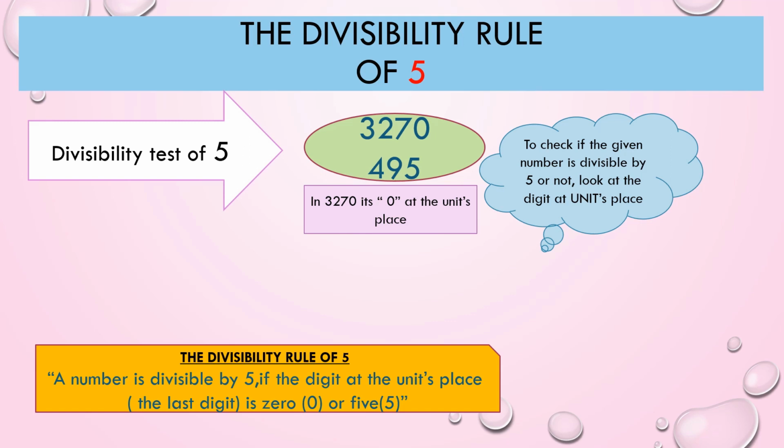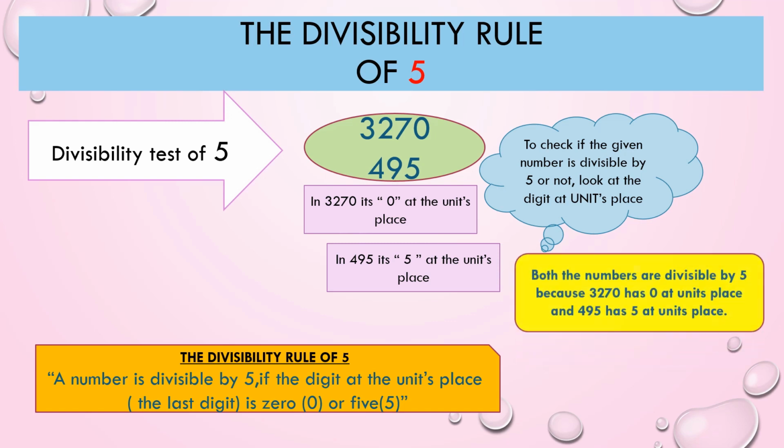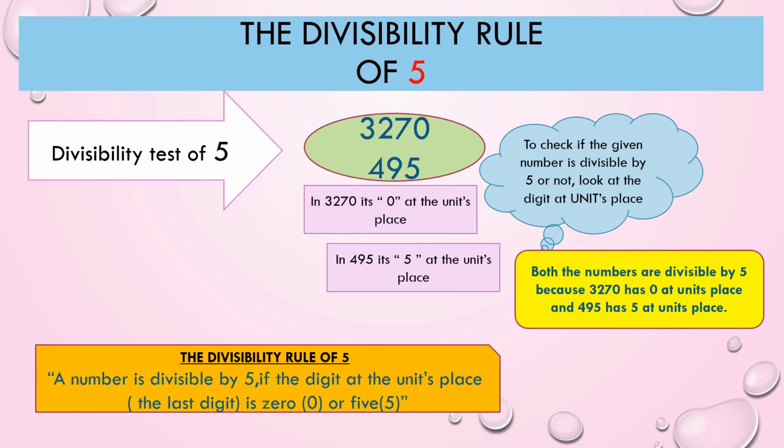Why? Because 0 is there at the units place. And 495 is also divisible by 5 because we have 5 at the units place. ये दोनों नंबर completely divide हो सकते हैं 5 से. क्यों? क्योंकि एक नंबर के एंड पे 0 है और दूसरे नंबर के एंड पे 5 है.